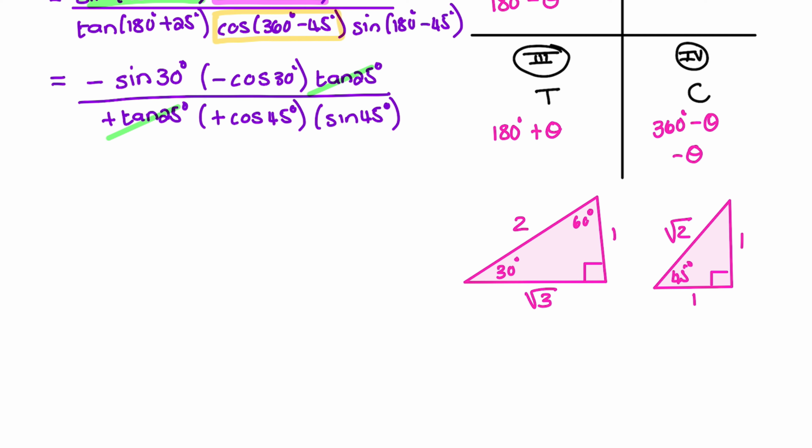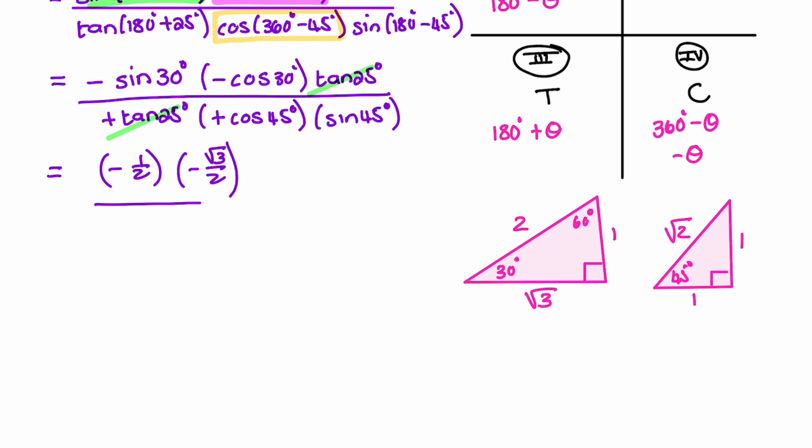If I use these triangles, the negative sine of 30 becomes negative 1/2, because the sine of 30 degrees is the opposite divided by the hypotenuse. Negative cos of 30 would be negative root 3 over 2, because that is the adjacent over the hypotenuse. The tan of 25 already cancelled out.